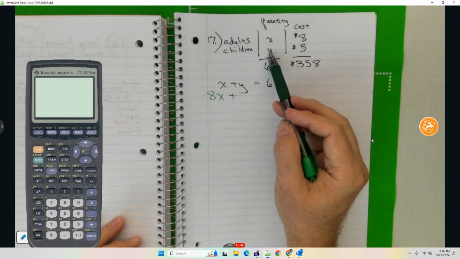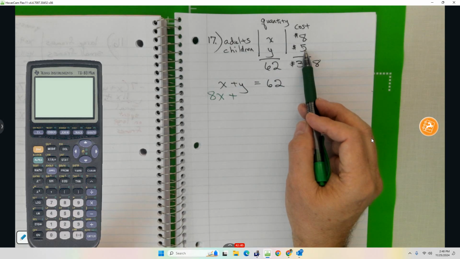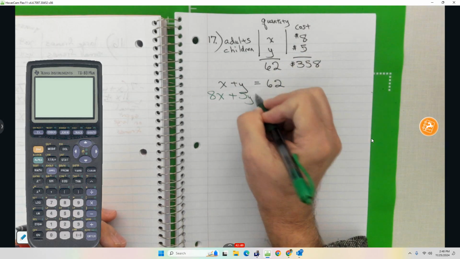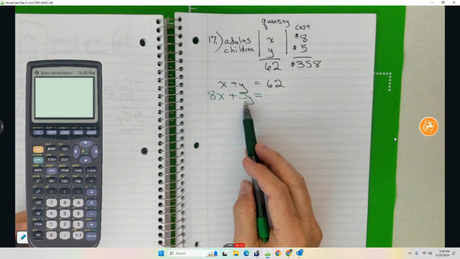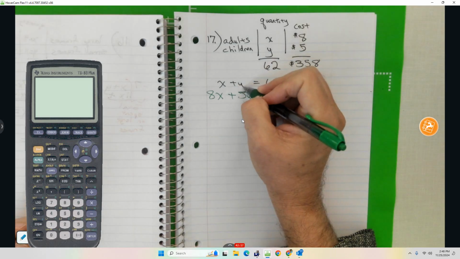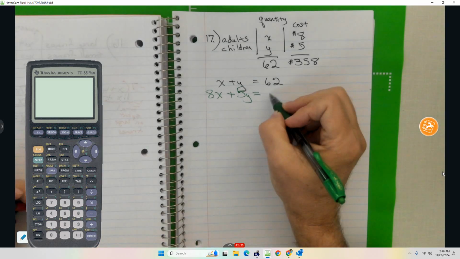That's all the money they took in from the y children tickets. It's the cost per item times the number of items. Here's all the money from the adult tickets. Here's all the money from the children tickets. Combined together, that had better give us 358.